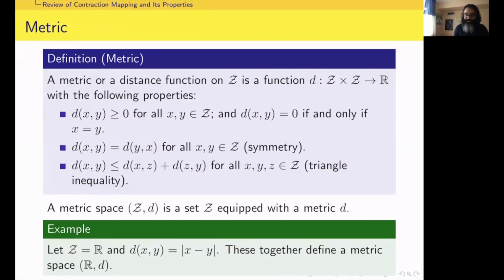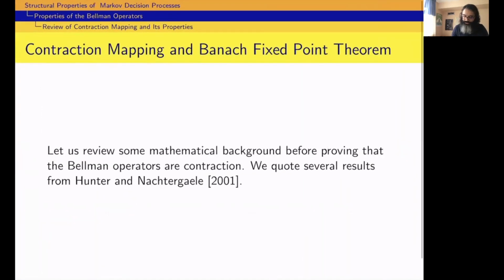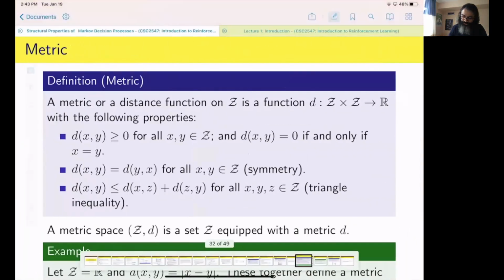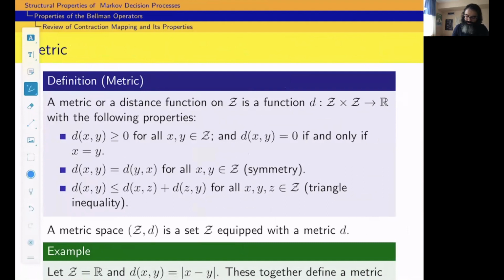Let's briefly go over it. A metric, or a distance function: we have a space Z, some space. A distance or metric is essentially a function that takes two inputs from that space and returns a real valued number. And it has the basic properties of distance as we expect. One is that the distance between two points, x and y, is always non-negative.